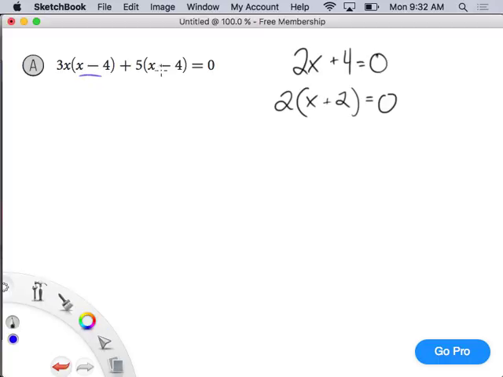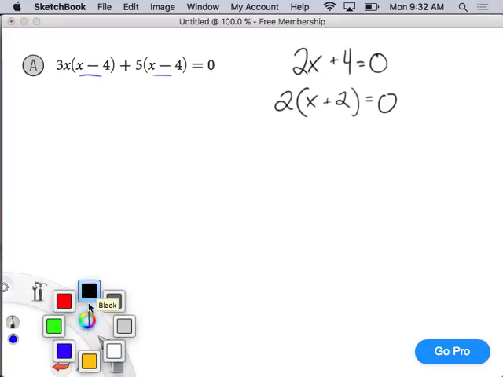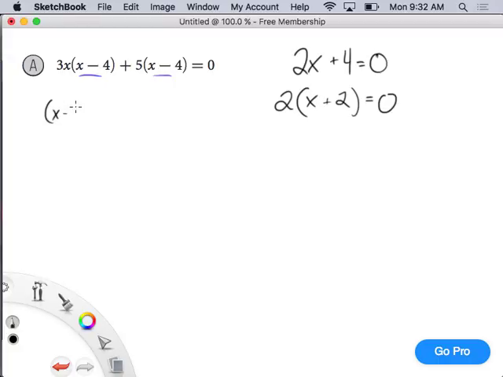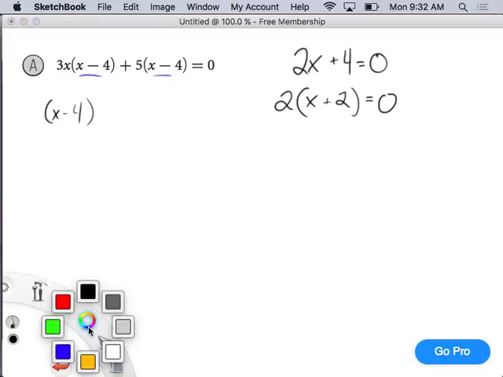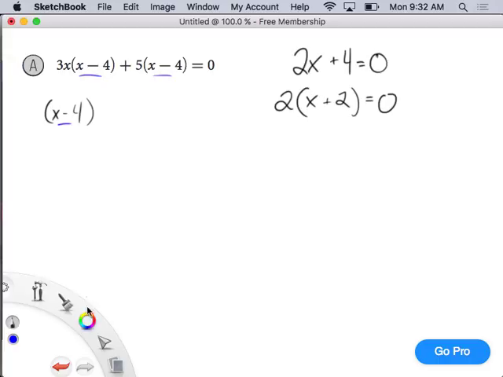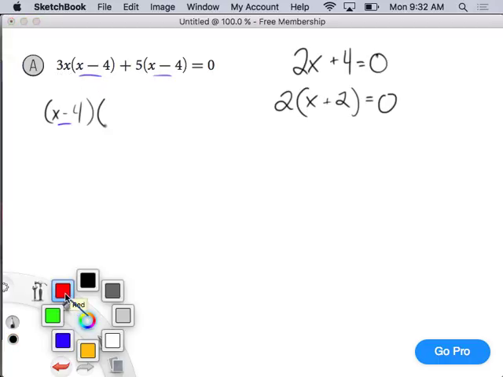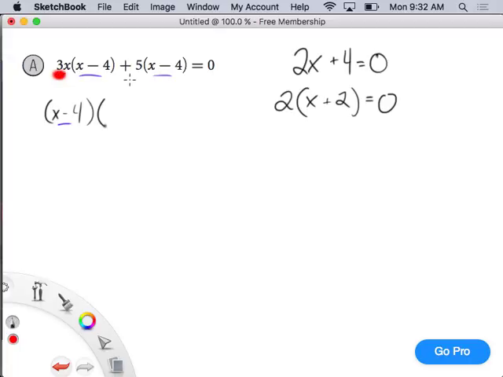So instead of just pulling out a 2, I'll pull out this x minus 4. And so I get x minus 4, times 3x, that's the first one, just like here was my first one, plus 5, that's my second one.